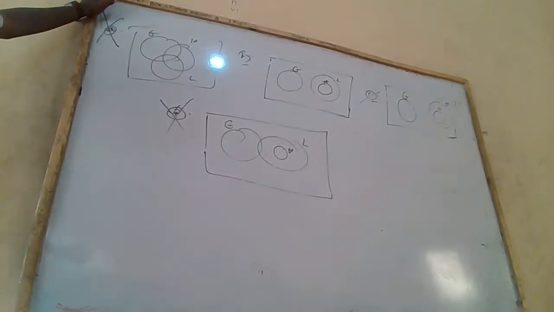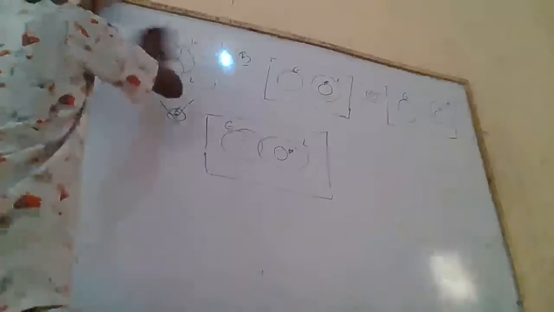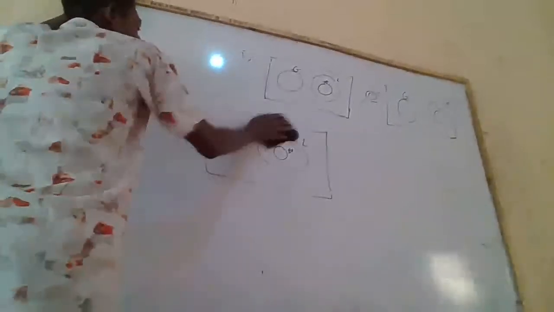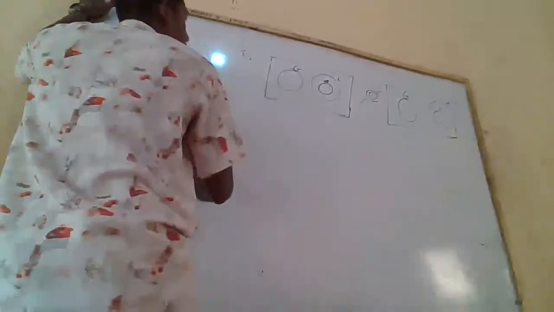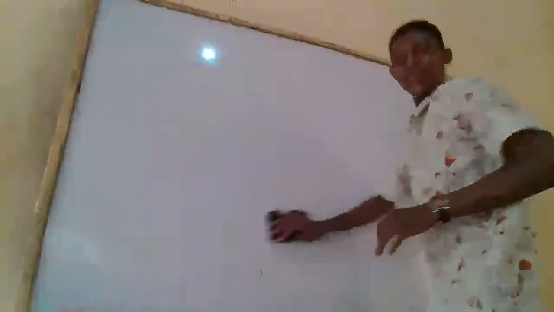Now, let's move to theory of quadratic equation. Now, listen very carefully. When we talk about quadratic equation, what does it mean? Please be very attentive. Quadratic equation is a polynomial.